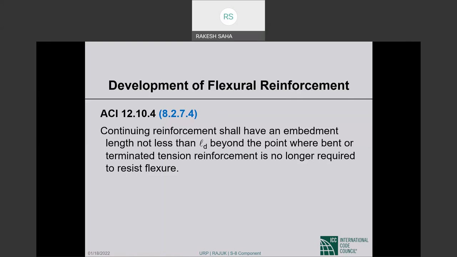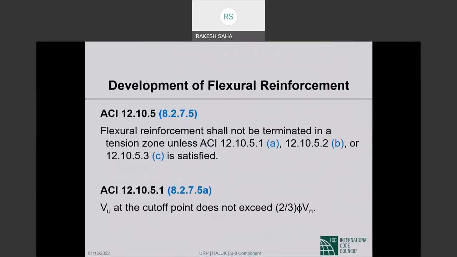This, I think, will require a picture or so to become clearer, and I have plenty to show you. Now, very importantly, flexural reinforcement shall not be terminated in a tension zone, where the bars are subject to tension.